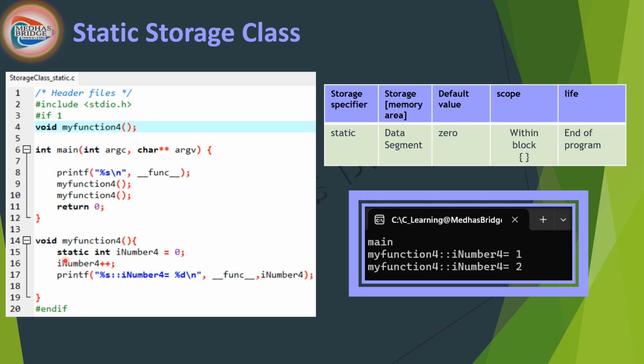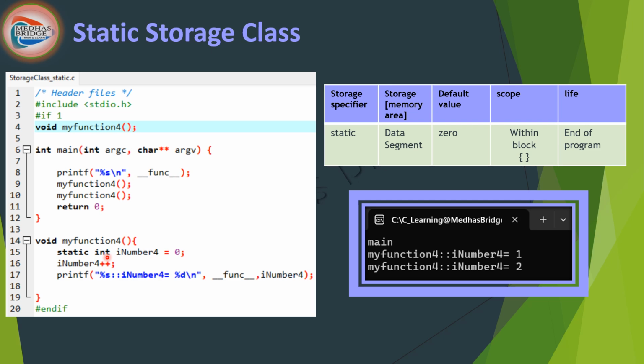Next, the scope is limited to only within the block. But the life, even after you come out of this function, this variable still exists. That's important. That's the reason that the second time you re-enter this function, it sees the context of the previous one. The life of this variable is the entire program.